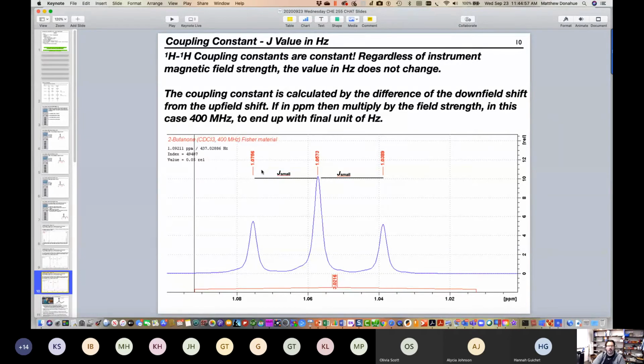So I want you to take your calculator, take this number here, 1.0756, subtract this number, 1.0573, subtract those two numbers, and then multiply it by 400. That's going to get you this distance in Hertz. Maybe you can type that in the chat when you figure it out.